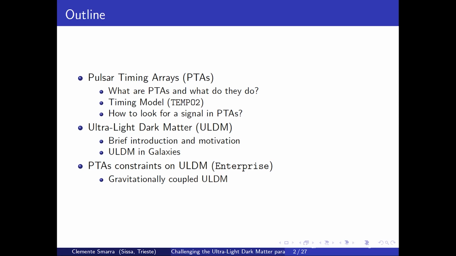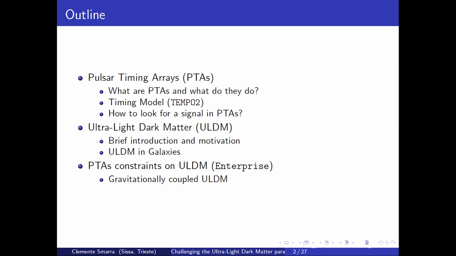This will be a very fast section. Secondly, I will give a little bit of detail about ultralight dark matter, a brief introduction and motivation. But this will also be a very fast section because I want to focus my talk on the third part, which is how it is possible to give constraints on ultralight dark matter with pulsar timing arrays.